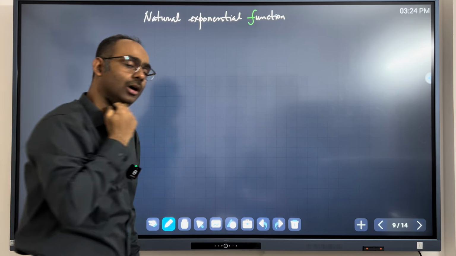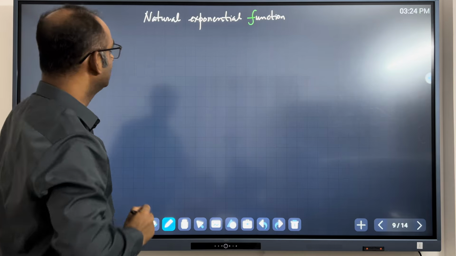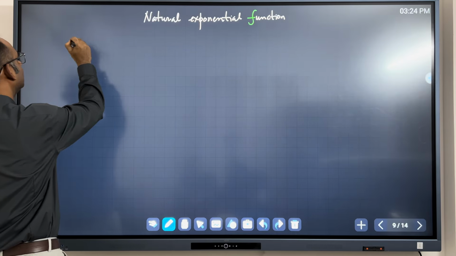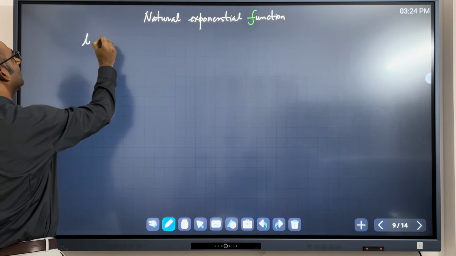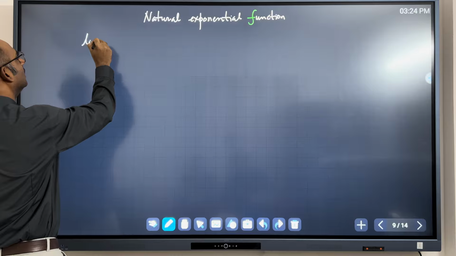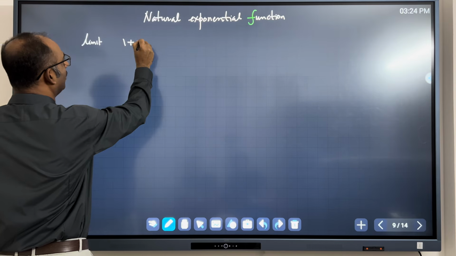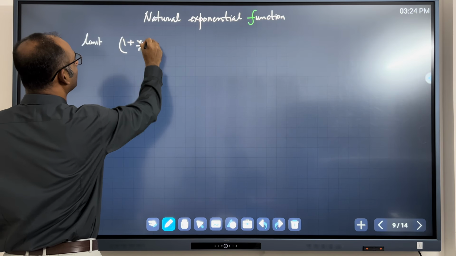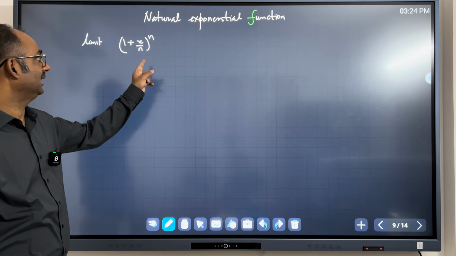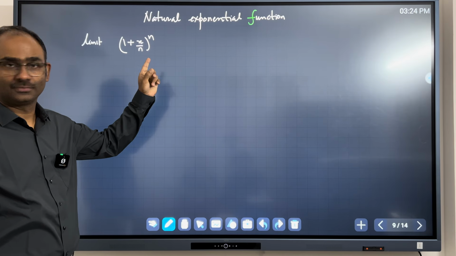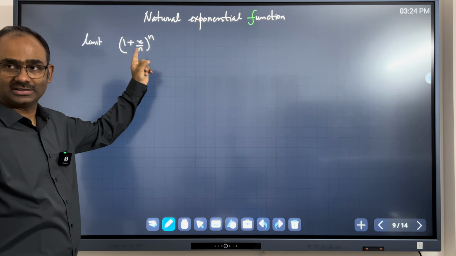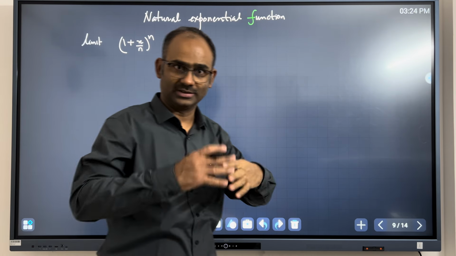So let us recall what natural exponential function is. I defined it as a limit of this form, and you should remember this form. I'm putting limit because this is what you are going to encounter when you are doing certain things.